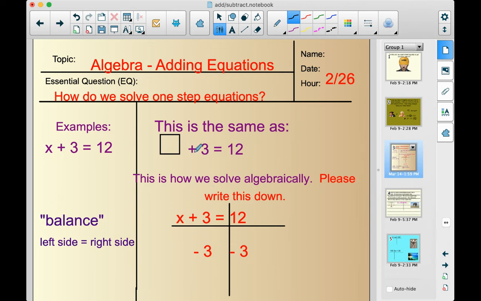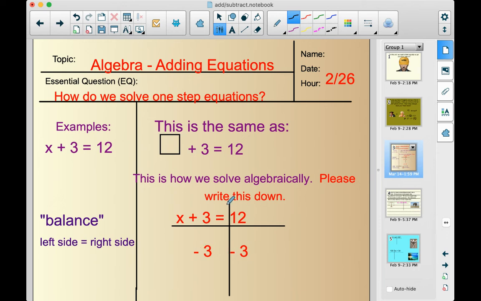This one you might just be able to tell what the number is going to be, so you might not think that you need this. But I guarantee you, no matter how complicated the equation gets, and a lot of them you're not going to be able to do in your head, this process is going to work no matter how complicated the numbers are. So this is what we're going to write down.